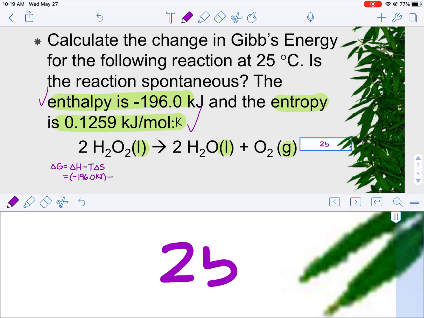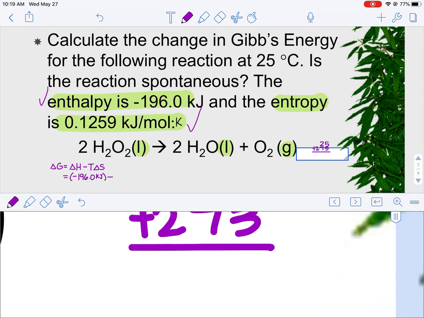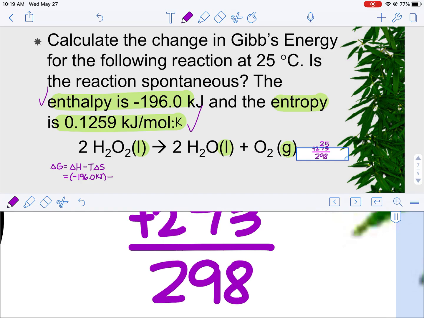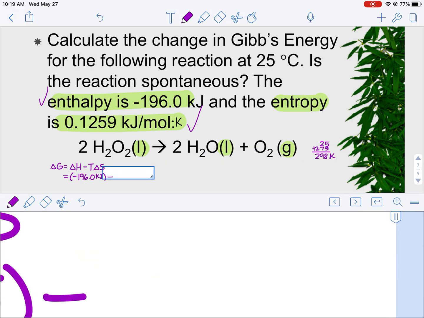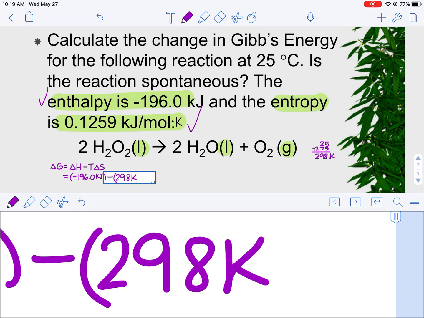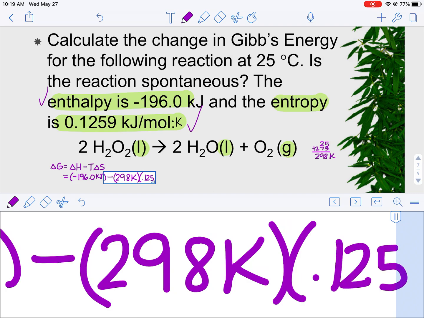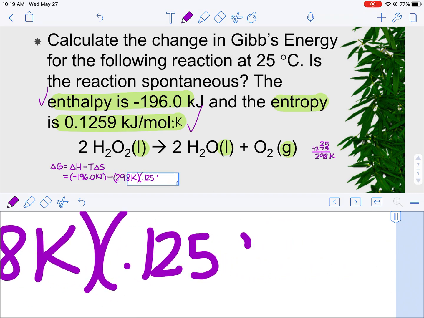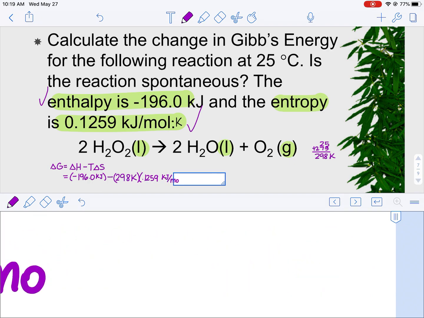So 25 degrees Celsius plus 273 is equal to 298 Kelvin. So I'm going to subtract it from 298 Kelvin. And remember, this is the standard temperature for chemical reactions. And then our delta S is this 0.1259 kilojoules per mole Kelvin.